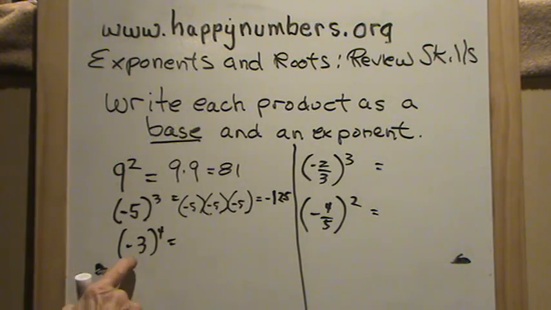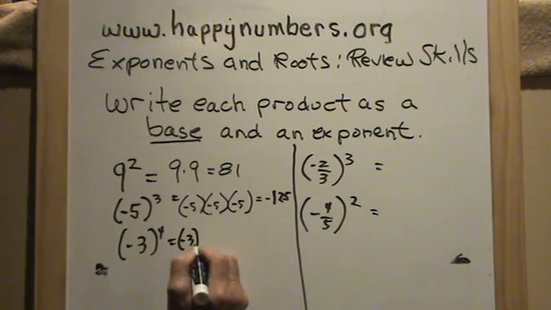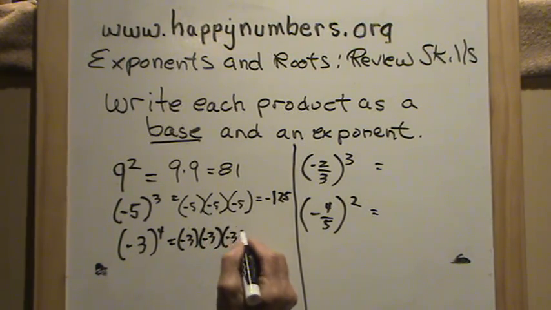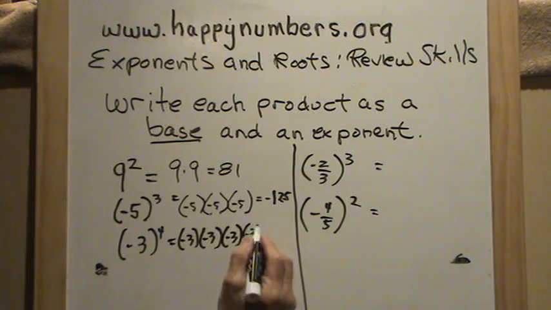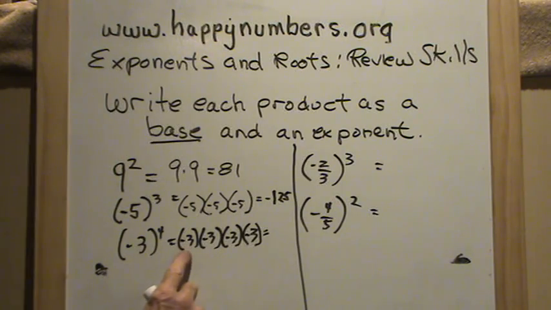Here we have -3 to the fourth power, which is -3 times -3 times -3 times -3. Well, I know I'll have a negative times a negative gives me a positive. A positive times a negative will give me a negative.